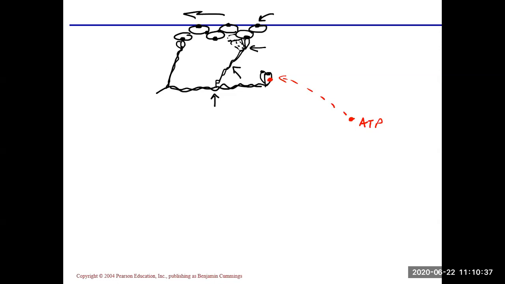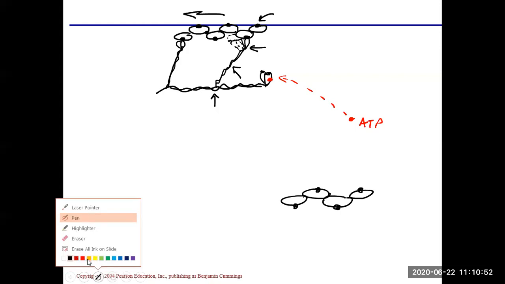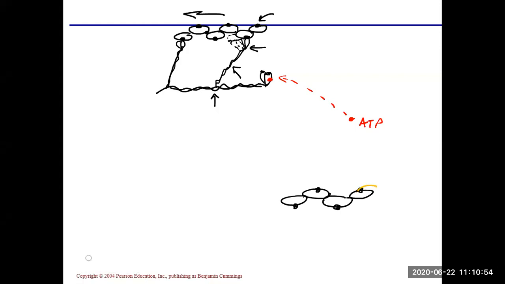However, they cannot just bind in here because normally the binding sites on the actin filament are blocked. The binding sites are blocked by another protein known as tropomyosin.